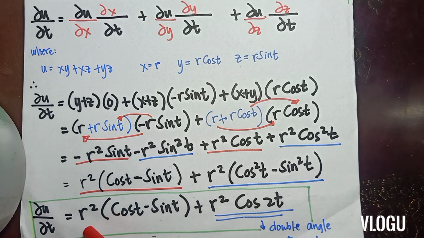So that's our final answer. Therefore, the partial derivative of u with respect to t is r squared times cosine t minus sine t, plus r squared cosine 2t. Where is cosine 2t from? That is from the double angle formula, cosine squared t minus sine squared t.